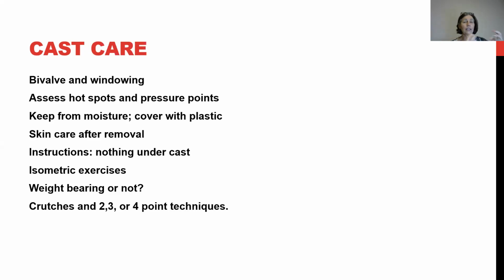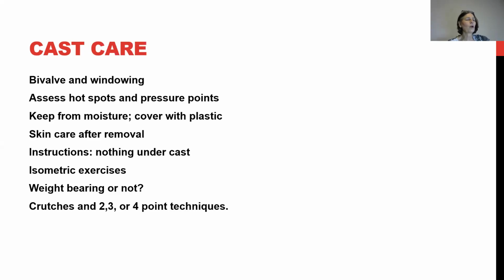If they need to itch under the cast, what they recommend is getting a blow dryer on the cool setting and just blowing cool air down in the cast, either from the bottom or the top of the cast, whichever is closest to the itchy area. And that can help decrease the itch. Interestingly enough, sometimes if you push on the same area on the opposite leg, that can help reduce the itch on the leg that has the injury too. Just something that helps sometimes.